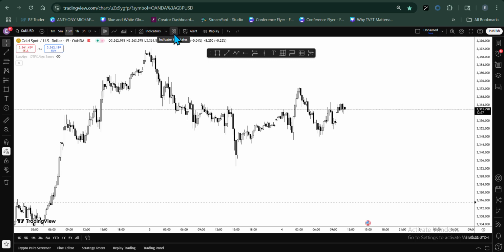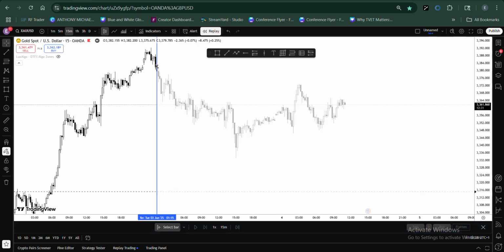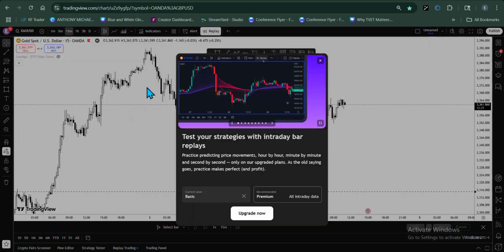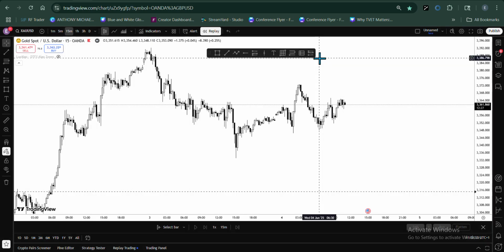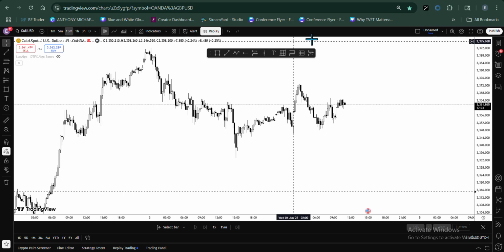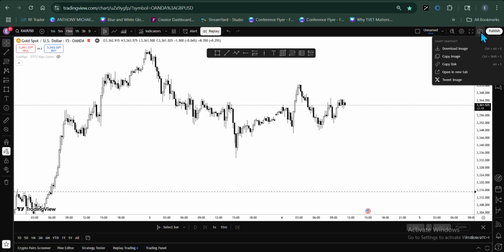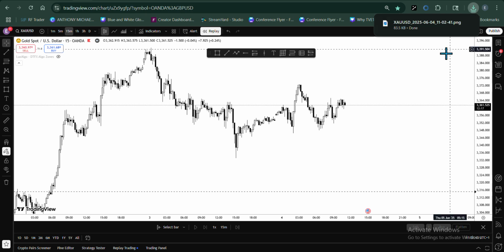Most of these things don't matter. This replay is actually needed with a premium version, as you can see, so you can just leave it. This is undo. This is moving forward. If you want to take a snap, you can download a screenshot. You will see it downloading.